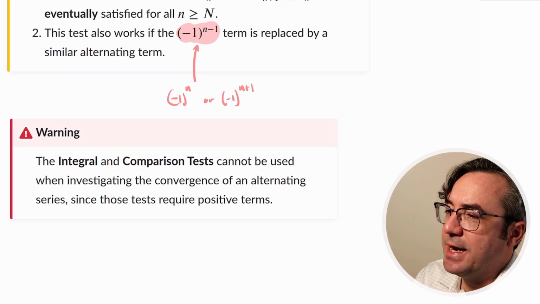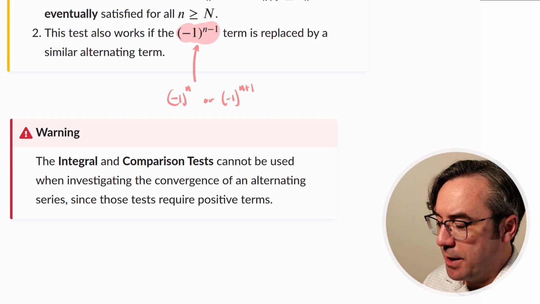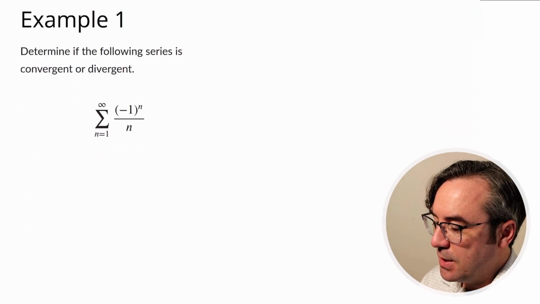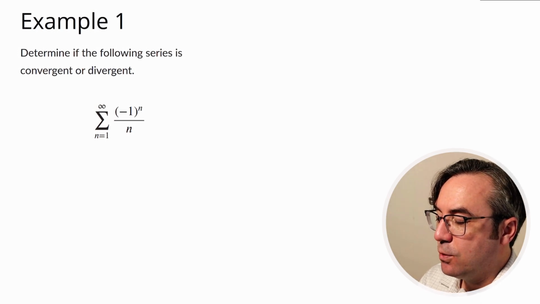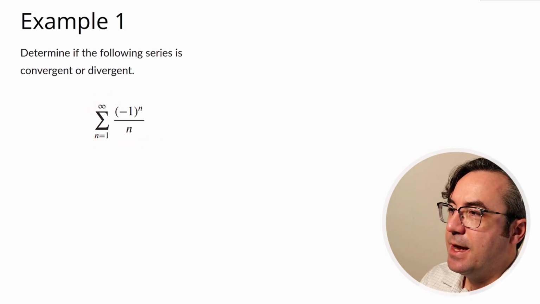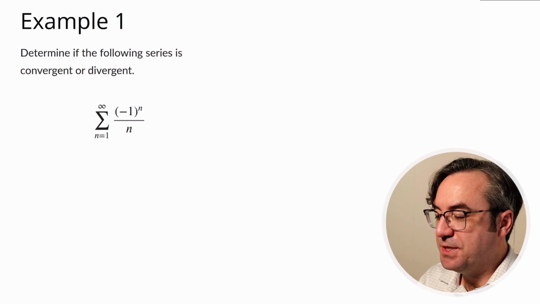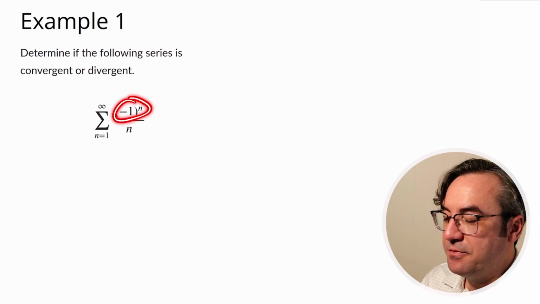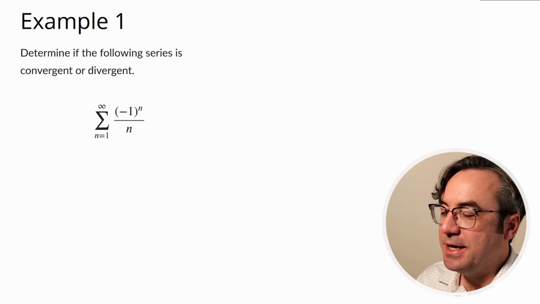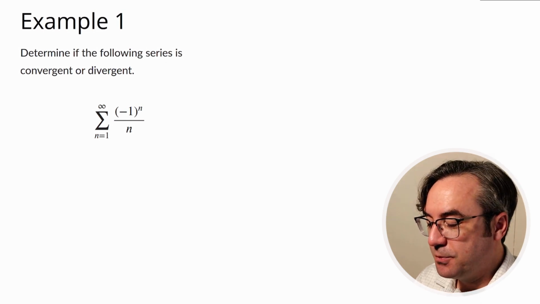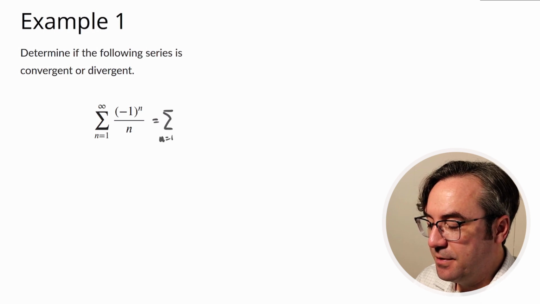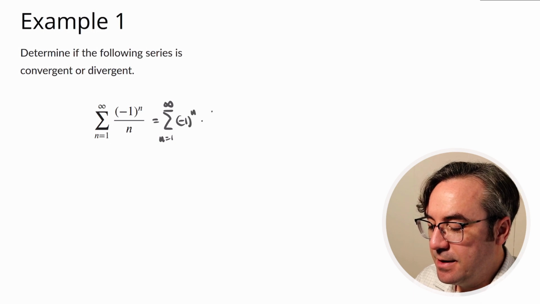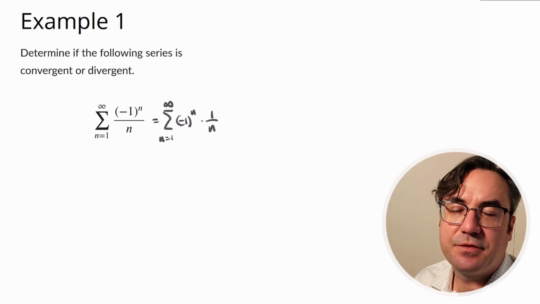All right, so let's try an example. Let's look at example 1. We're going to figure out if this series is convergent or divergent. And we see that we have this power of -1. Usually a good idea, usually helpful, to rewrite this and separate off that power of -1, so write it and then separate off everything else.